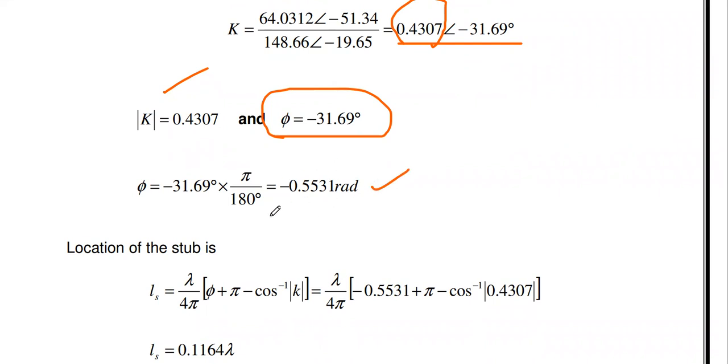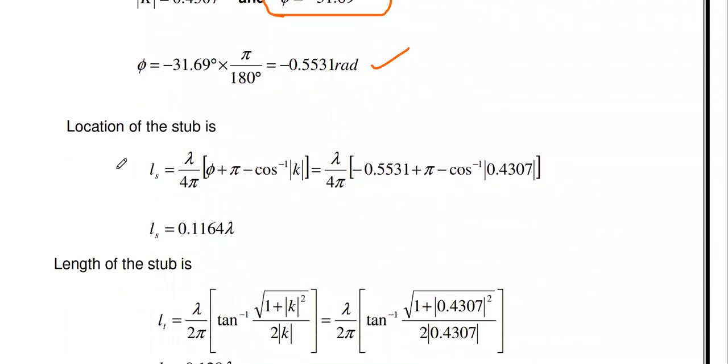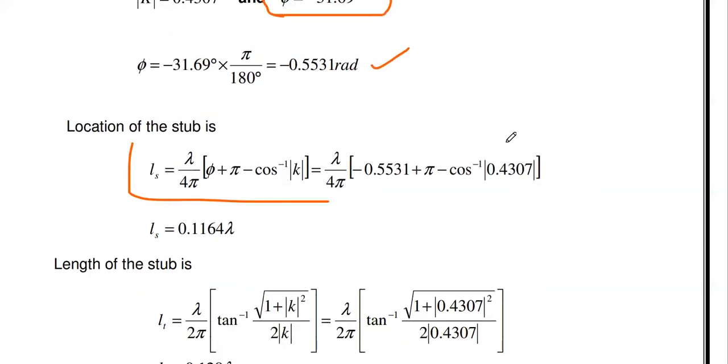Then you substitute this radian value in the location of stub formula. What is the location of stub formula? Lambda by 4 pi, times phi plus pi minus cos inverse modulus K. So lambda by 4 pi, where phi is minus 0.5531, plus pi minus cos inverse of modulus K, which is 0.4307.